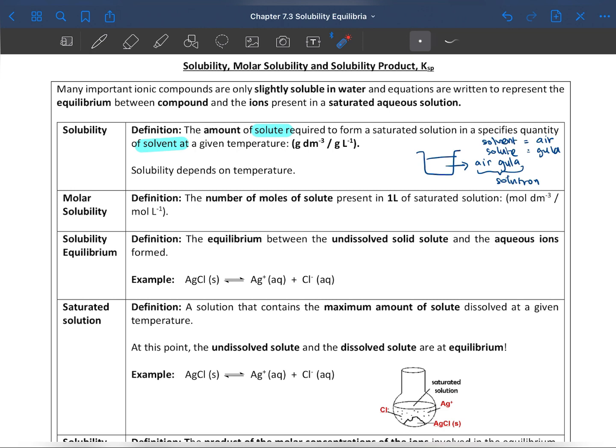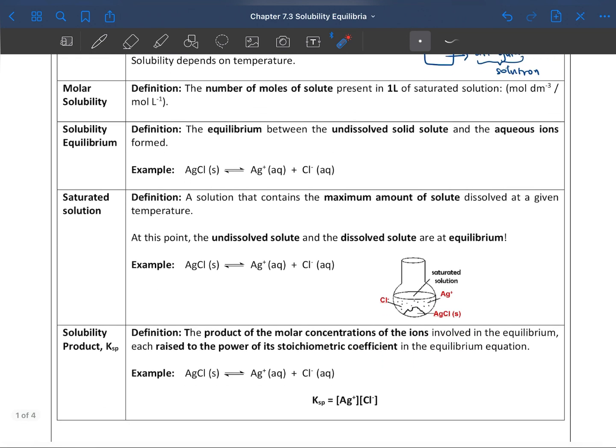Okay. Alright. And then next one, solubility equilibrium. Okay, so dah ada perkataan equilibrium. Kalau ada perkataan equilibrium, that mean you can imagine ada satu equation reaction and equation tu ada reversible arrow. Hopefully by now you can differentiate lah benda ni. So the equilibrium between undissolved solid, solute and aqueous ion form. Kalau contoh ini, ini silver chloride solid. Silver chloride ni ionic compound.